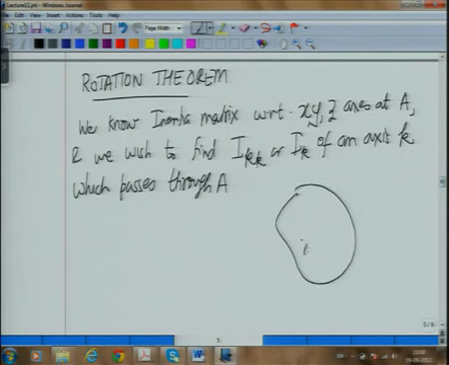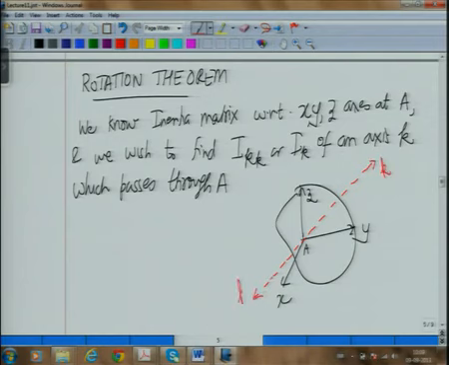We have a point A, we have x, y, z axes at A, and then we have an axis which I call the KK axis.